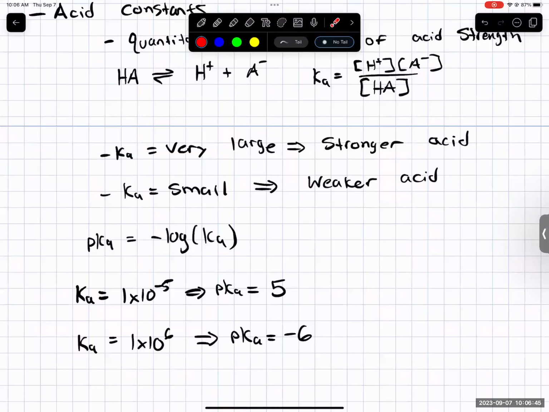A Ka of 1 times 10 to the minus 5, when you put that into this equation here, you can just get a pKa of 5. It's a way of expressing it differently. You're saying the exact same thing, it's just two different numbers. Yeah, exactly. So it's just easier to talk to people in conversation using pKa than Ka, because Ka can have a lot more digits and it's just longer to say.